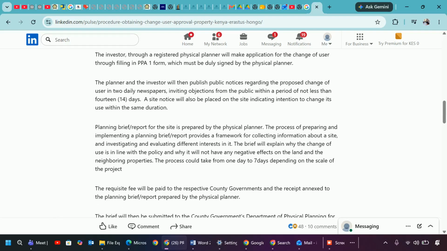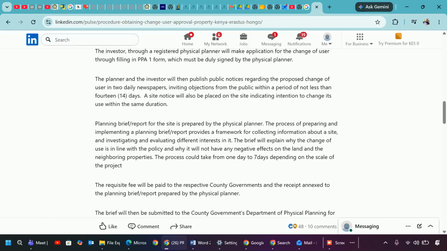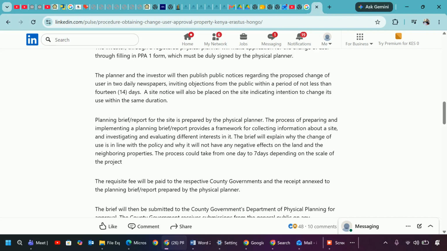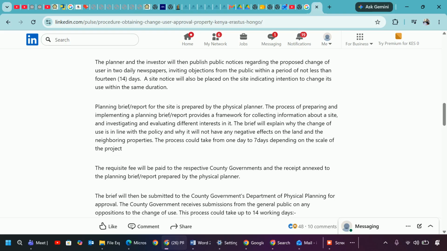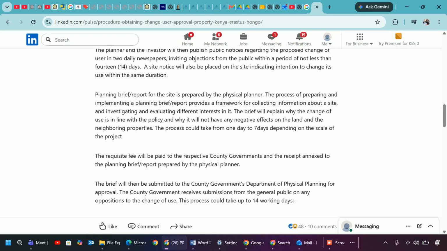The planner and the investor will then publish public notices regarding the proposed change of user in 2 daily newspapers, inviting objections from the public within a period of not less than 14 days. A site notice will also be placed on the site indicating intention to change its user within the same duration.